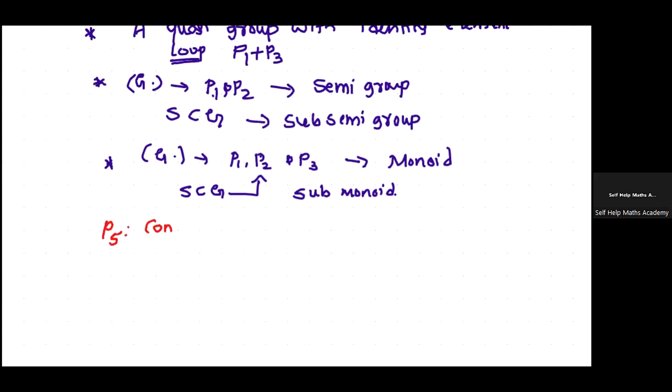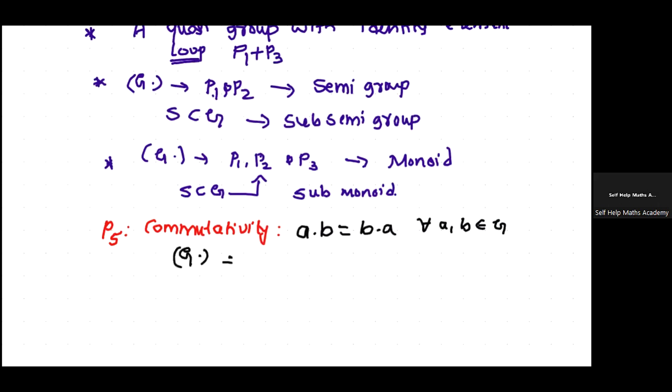Commutativity means we are talking about one more postulate for the group operation, that A dot B is equal to B dot A. This is true for all A, B belonging to G. If commutativity also holds along with the four group postulates, then that group G together with dot, we call an abelian group, or it's also called a commutative group.